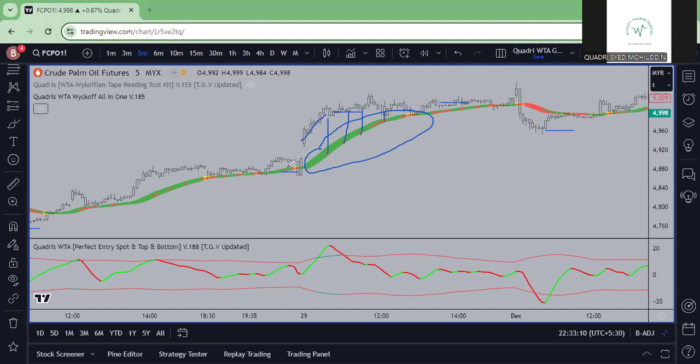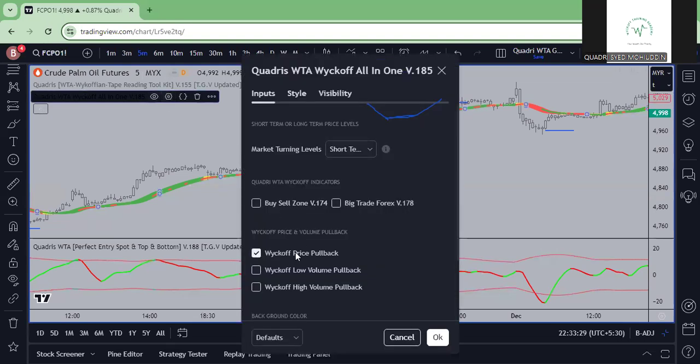If the pullbacks are deeper, it is going to touch this line, and if there is support at this particular point, then it will bounce back. Second, in this option, we have a low volume pullback.